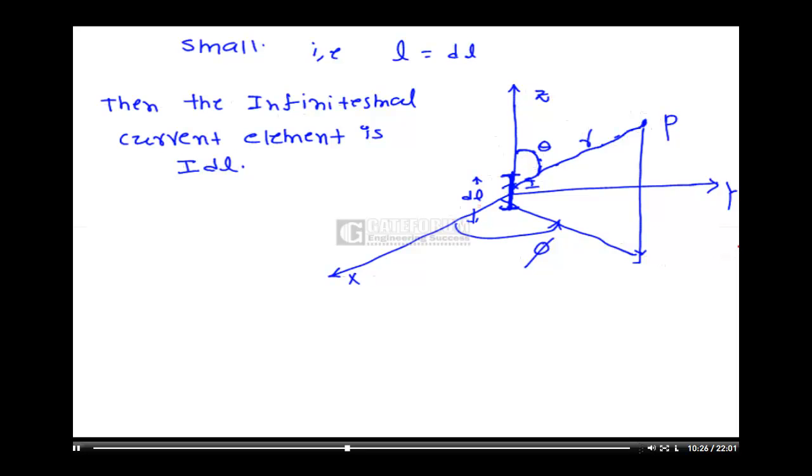Since the derivation is very big, I am not going for the derivation, I am just giving the fields directly.